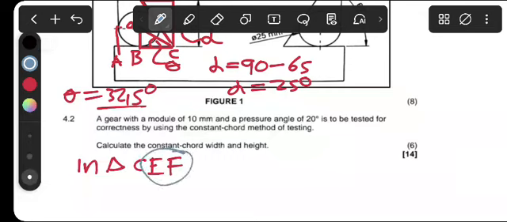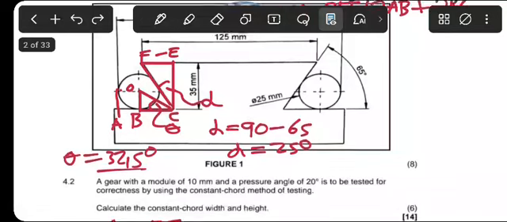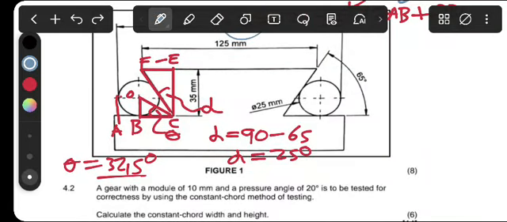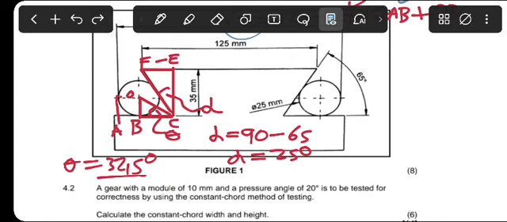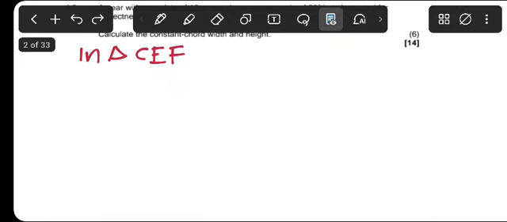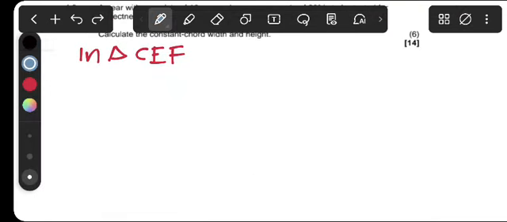So there will be a triangle ECF. Where is that triangle? Here it's our triangle there. If I take out that triangle, we'll have something like this.